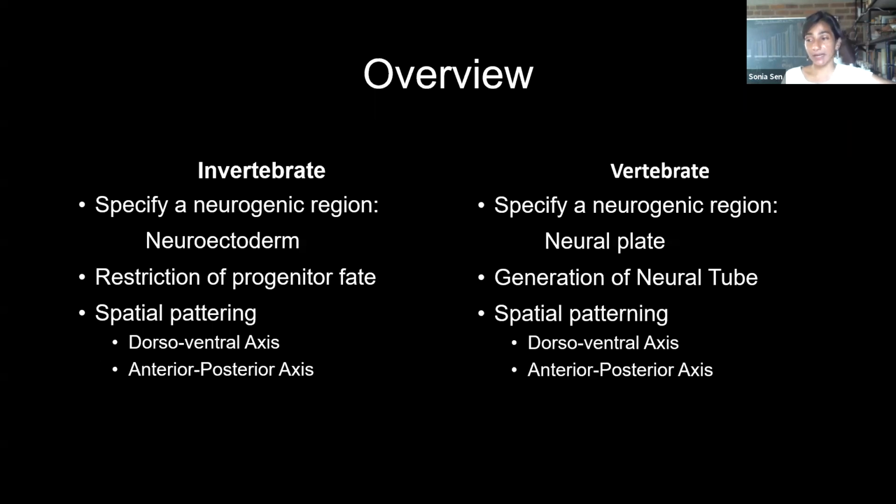So just to summarize, we learned how you specify a neurogenic region. We learned how within that neurogenic region, you restrict progenitor fate, specify progenitor fate, and how that then delaminates into the embryo. And then you take that and you provide spatial information, positional information to it, so that each neural stem cell can now generate different lineage identities.